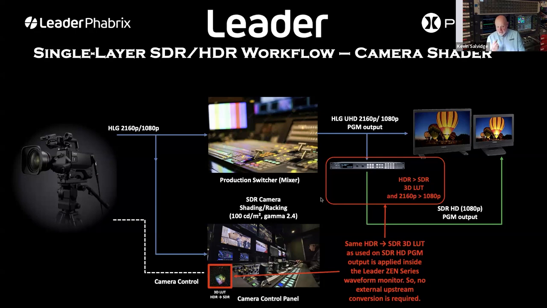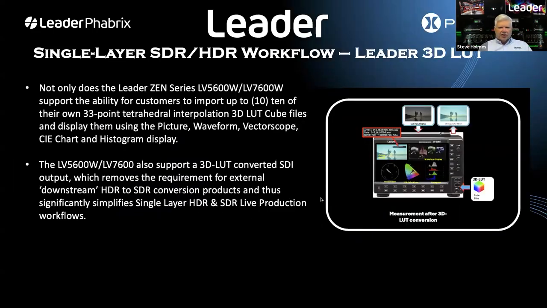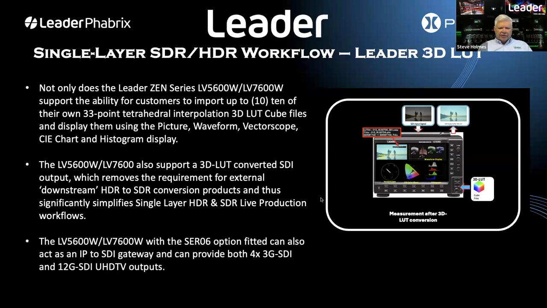So again, it's removing the moving parts. It's simplifying the live production. Yeah, and it allows you to turn the LUT on and off with just a simple selection. And so you can see the raw HLG feed, or you can see the feed through the LUT in 709. And it's gorgeous to be able to do that.